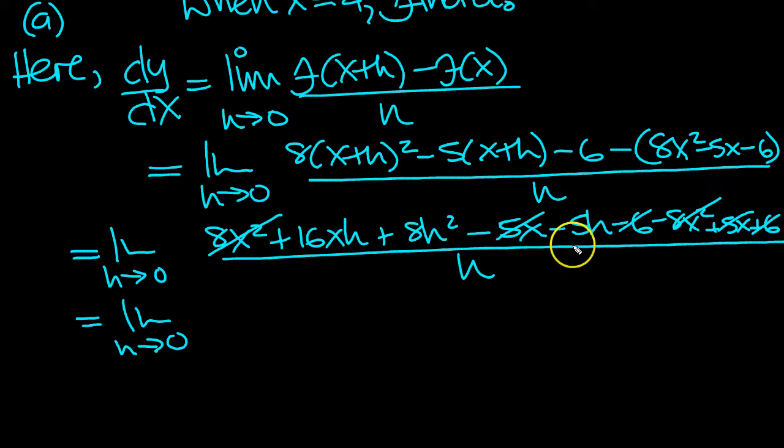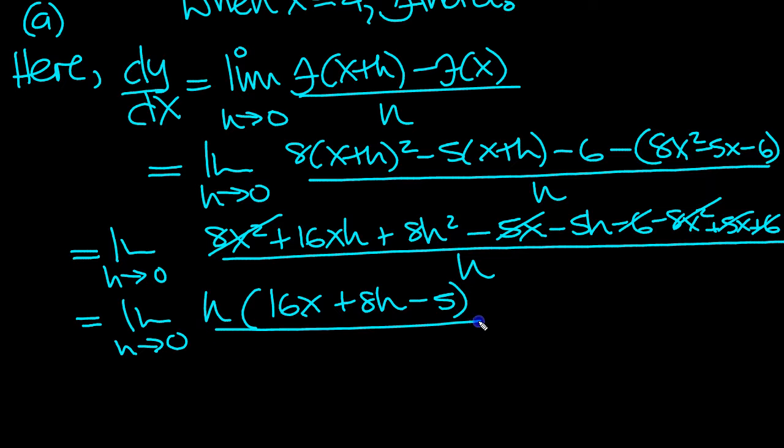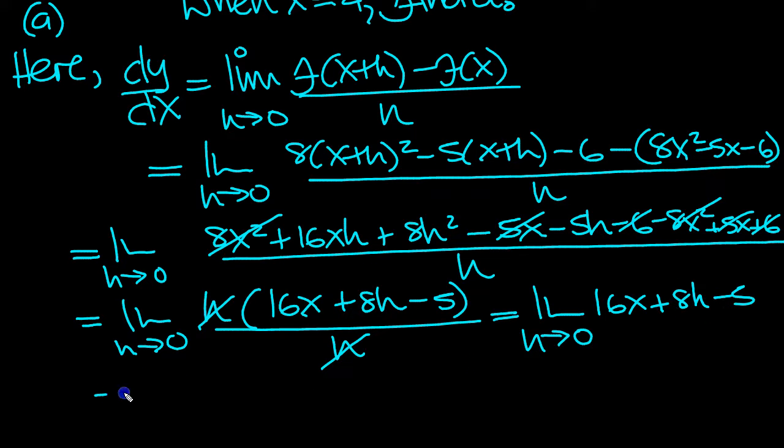So we're left with just 3 terms, isn't it? Then there's an h common all the way through, so we can take an h outside a bracket, can't we? 16x plus 8h minus 5 all over h, and they now cancel, so this is equal to the limit as h tends to 0 of 16x plus 8h minus 5, and as h tends to 0 we simply get the 16x minus the 5.